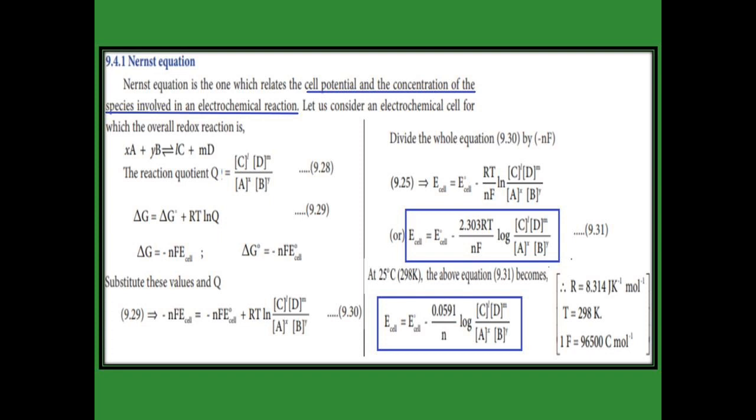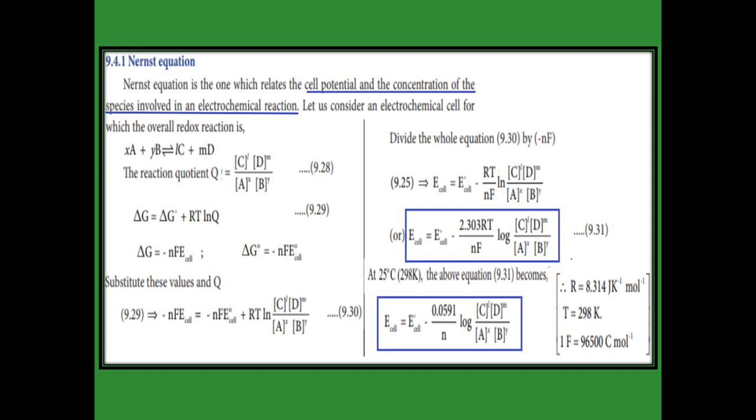Now dividing this equation 9.30 by minus nF, we get the equation E cell is equal to E naught cell minus RT divided by nF natural log of concentration of C into concentration of D divided by concentration of A into concentration of B. Then the natural log we convert into log base 10 by multiplying by 2.303.